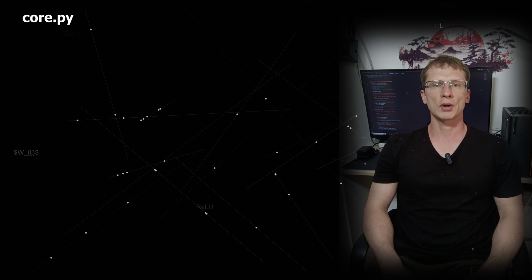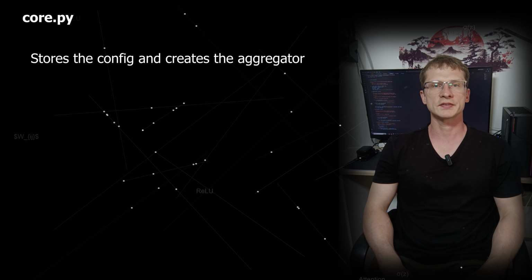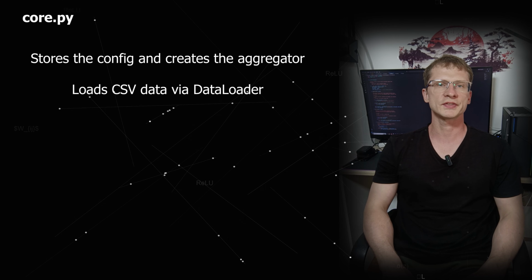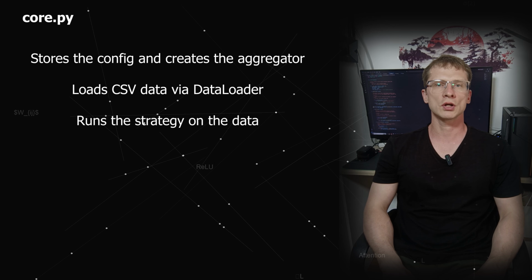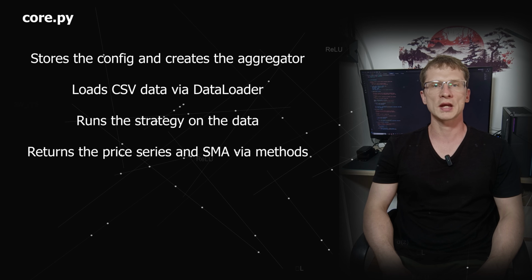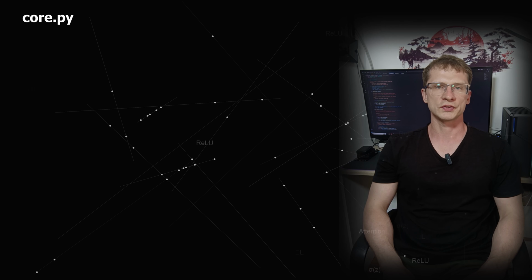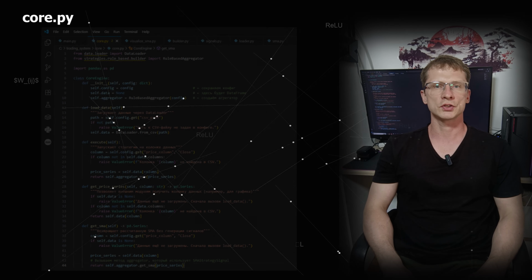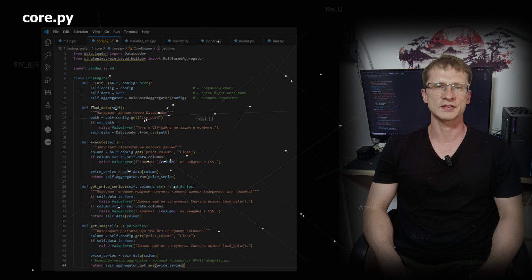What it does in practice: stores the config and creates the aggregator, loads CSV data via data loader, runs the strategy on the data, returns the price series and SMA via methods. It's the hub of the system. It doesn't know how the strategy or indicator work, but it knows how to interact with them.